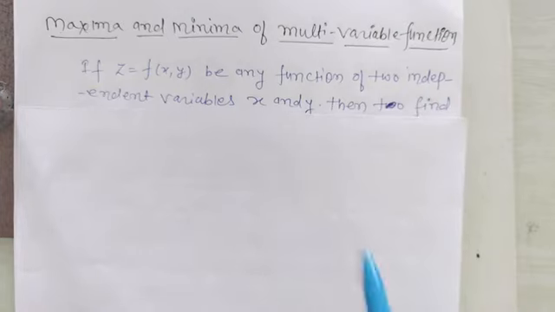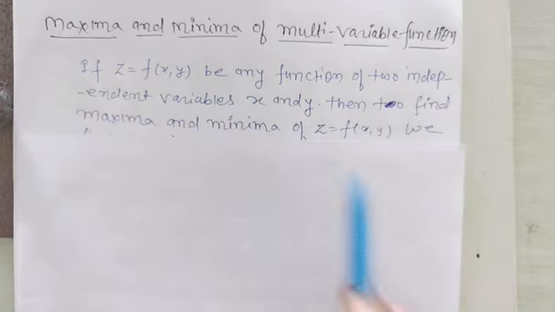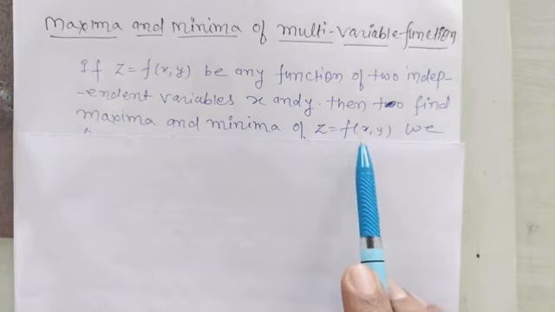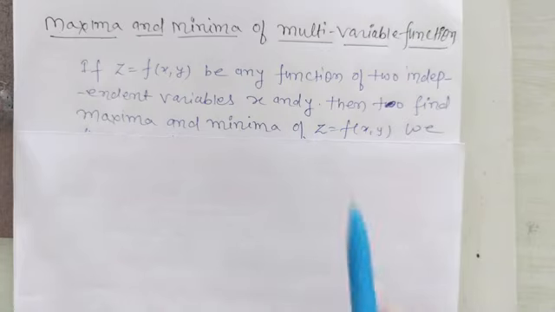To find the maxima and minima of z = f(x, y), we differentiate z with respect to x and y partially, because the function contains more than one independent variable.